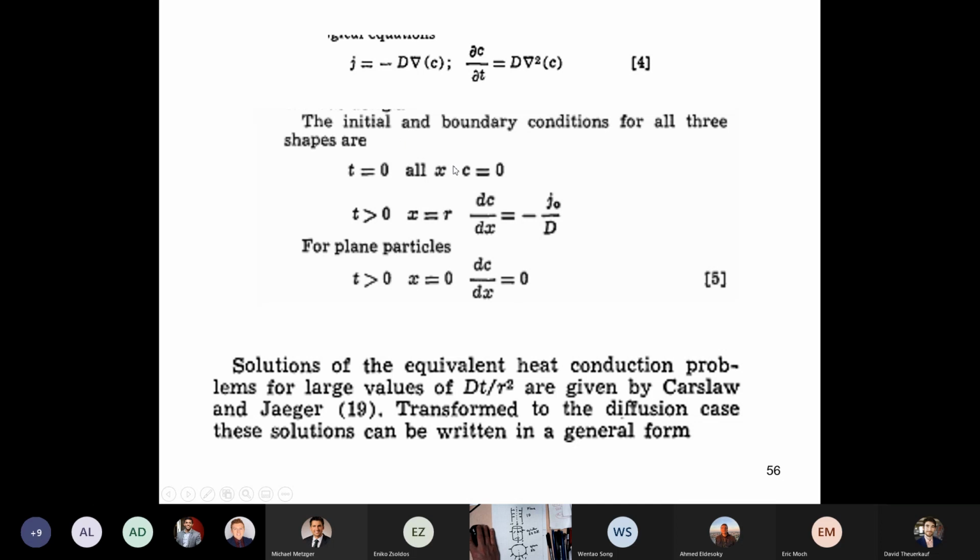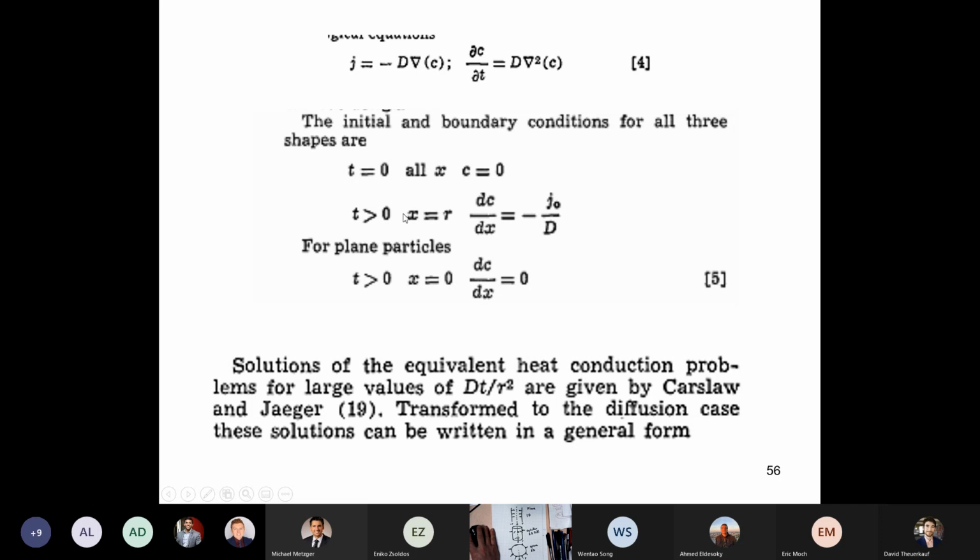So x, this small x, is the variable that describes the position between the center at x equals 0 and the surface of those particles at x equals r. And he's saying that if you're starting a discharge with the cathode material empty, the concentration is 0 at t equals 0 for all positions within the particle. Okay, that's a boundary and initial condition.